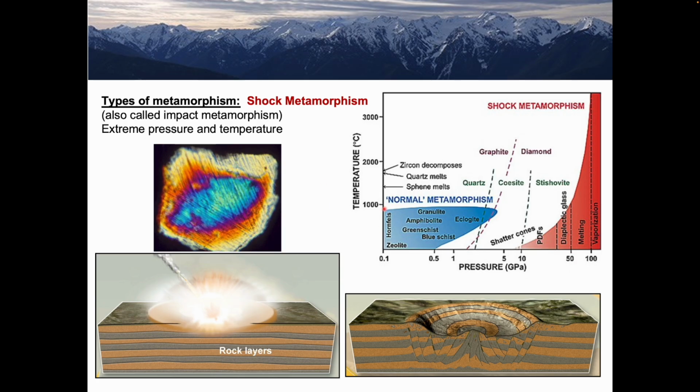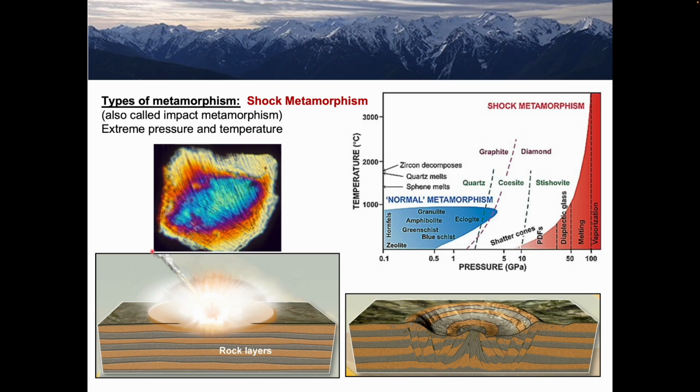So whereas normal metamorphism will occur at temperatures roughly from 1,000 degrees Celsius to about 200 degrees Celsius, and pressures of 100 megapascals up to about 4 gigapascals, shock metamorphism will occur up to about 3,500 degrees Celsius and with pressures over 100 gigapascals, much greater than anything you find anywhere near the surface of the Earth in any other condition.